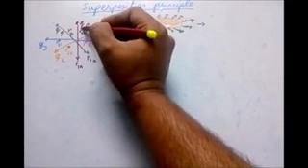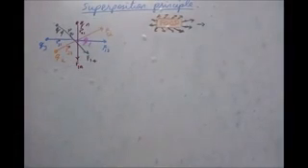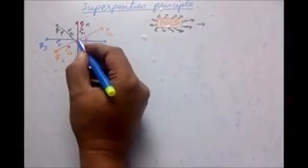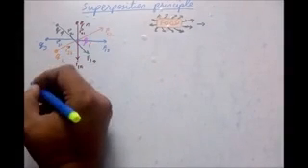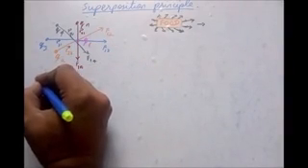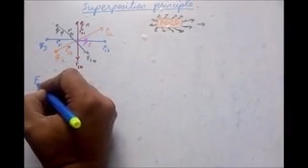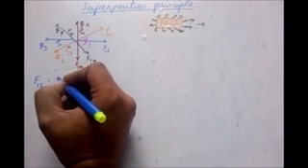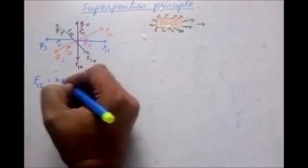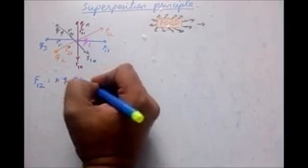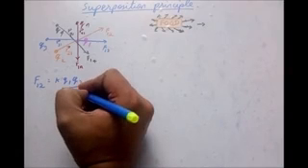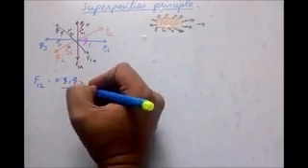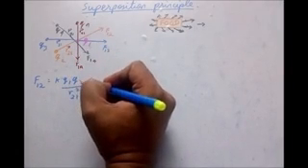Now let's see the force on q1 due to q2. We can write F12, force on 1 due to 2, equal to k q1 q2 divided by r21 squared into r cap 21.